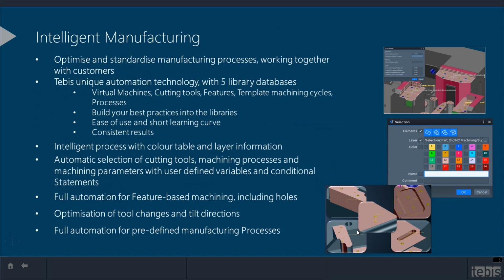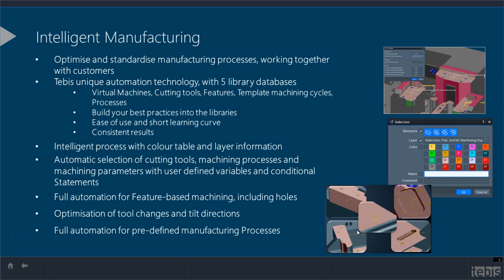So how does this work? Well, intelligent manufacturing, this is about having your best practices built into Tebis software. So you can optimize and standardize your manufacturing processes, and we do this working together with you, the customer.